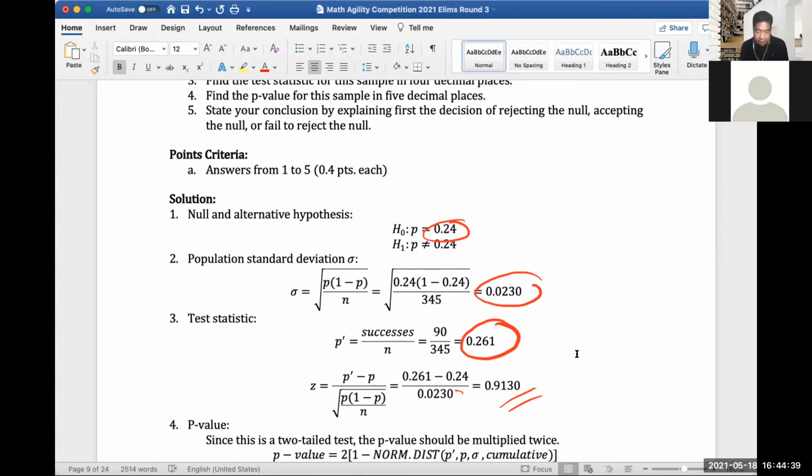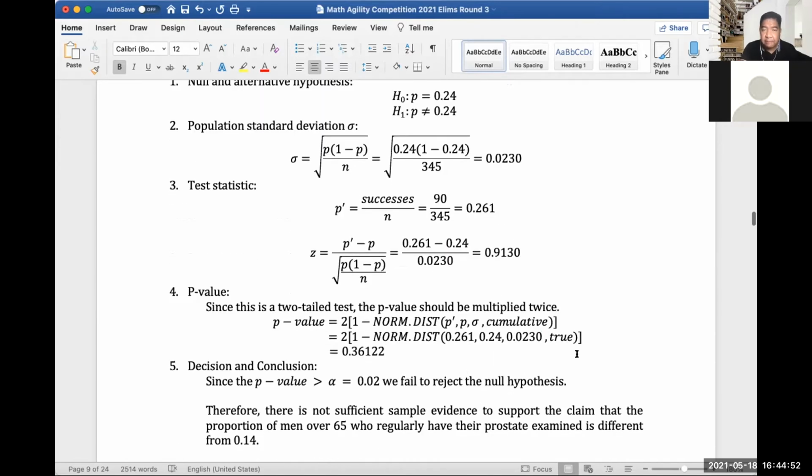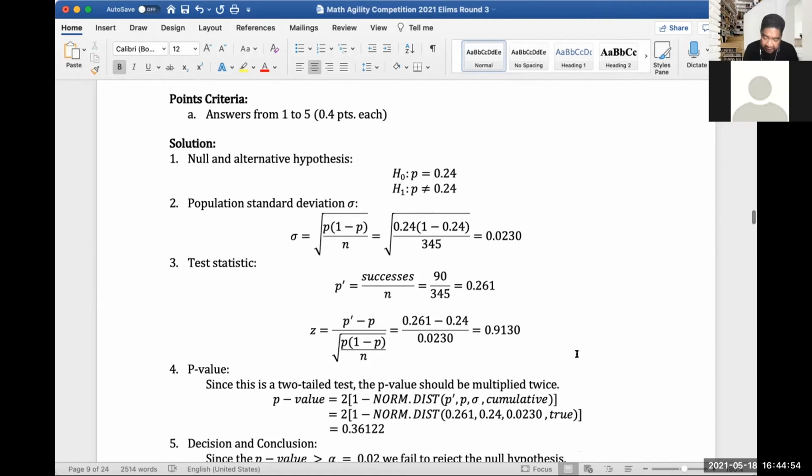Okay, so now we already solved that. The fourth requirement is to find the p-value for this sample in 5 decimal places. Again, I'm going to use Excel to solve our p-value, and since this is a two-tailed test, we have our rejection region on both sides.